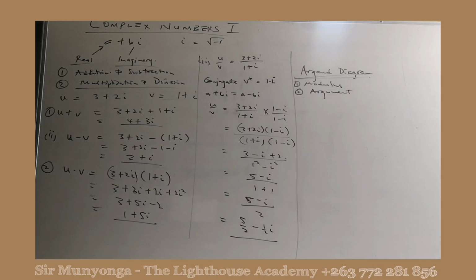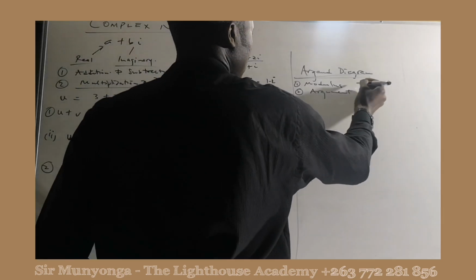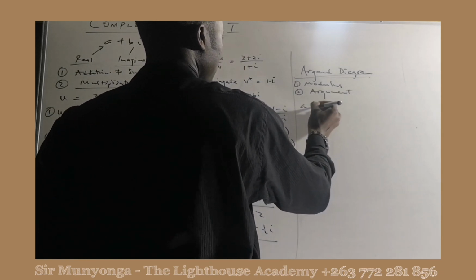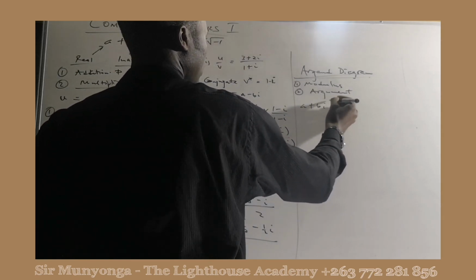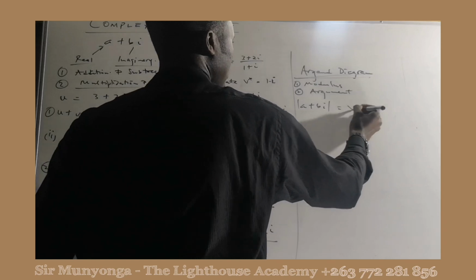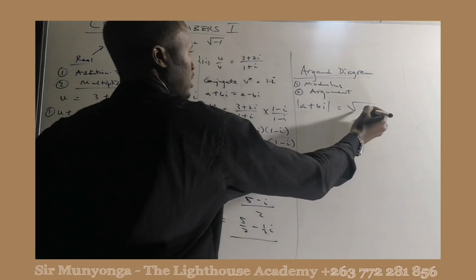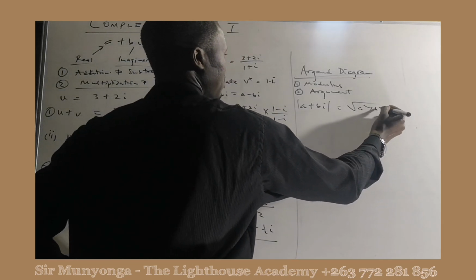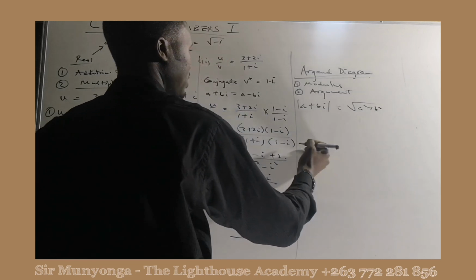The modulus will be the length of the complex number. To get the modulus, take the real part squared plus the imaginary coefficient squared.